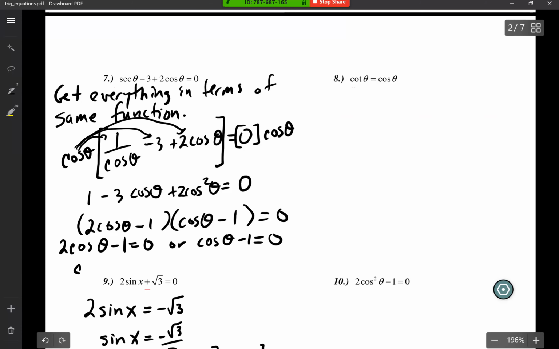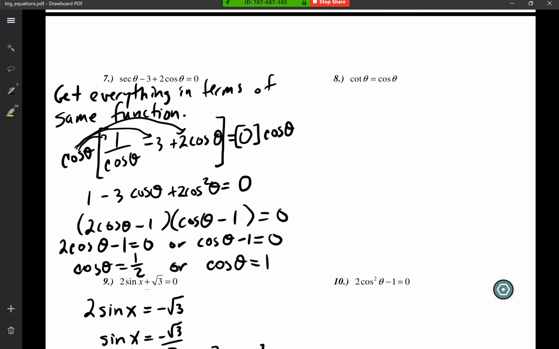Get the cosine isolated now. So we have cosine theta is equal to 1/2, or cosine theta is equal to 1. And now we've got to figure out when that can happen.